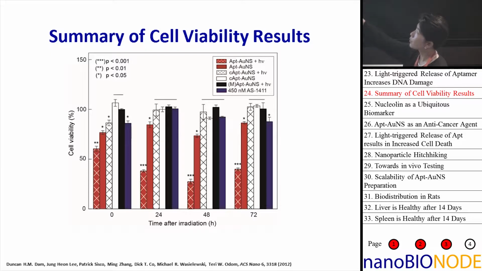If you look at this red hatched versus this purple, you can see that immediately after you've incubated the particles, you have about a 40% cell death. So that's pretty good. If you use this concentration, 450 nanomole, you can see that you only have a reduced amount of cell death.